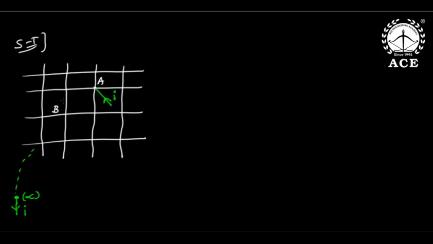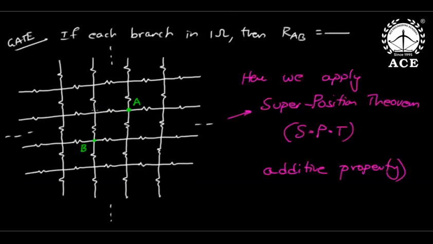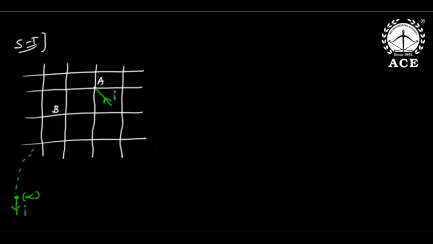Directly between A and B it is not correct, because by looking at A and B, this is one smaller path, this is a bigger path, this is a much bigger path. The path resistance in all paths is not equal. But with this concept of the infinite node, I am injecting current at A and collecting at infinity.